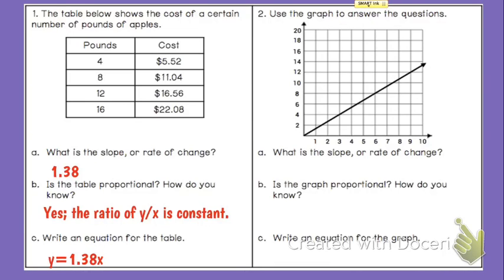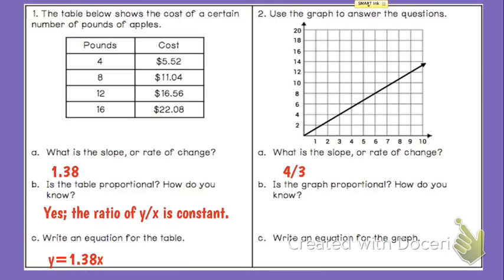So, use the graph to answer the questions. What is the slope or rate of change? So, how do I find the slope or rate of change? Well, I have to find 2 points on my line, and then I can do my rise over my run. Well, my slope just happens to be 4/3. And let's just check it just to see.